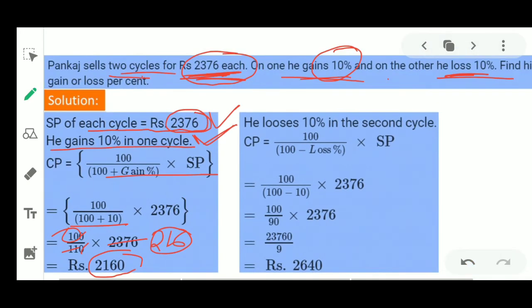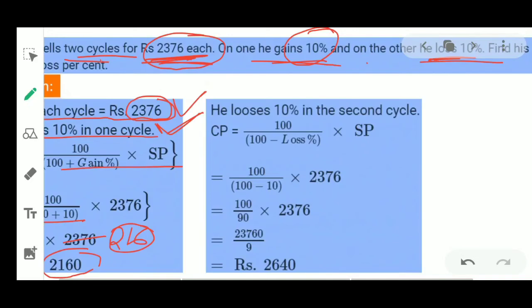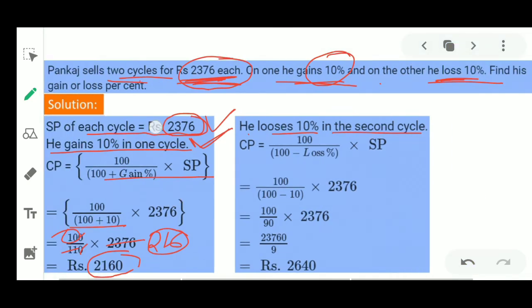Now we will find out the selling price of another cycle. For that, he loses 10% in the second cycle. So the selling price of each cycle, as you can see in the question, is 2376, and he loses 10% in the second cycle.